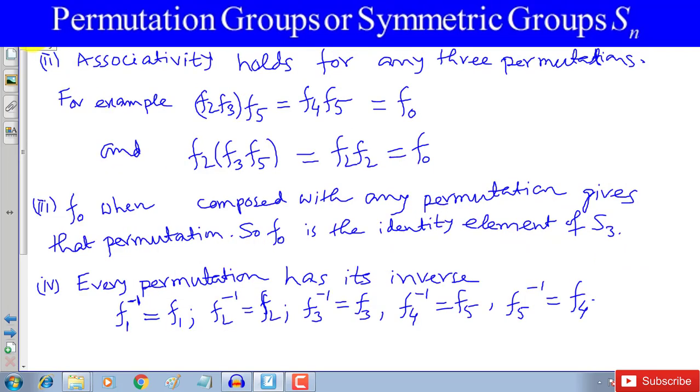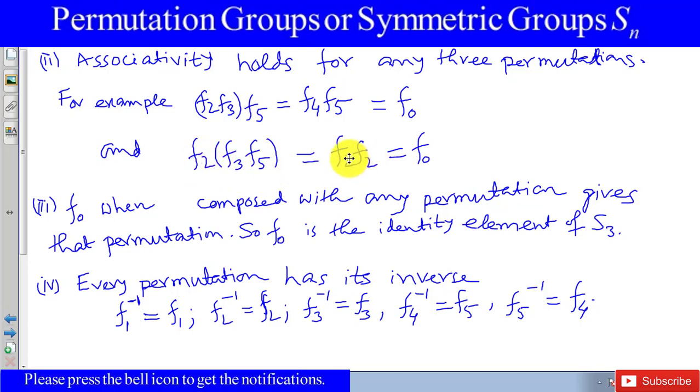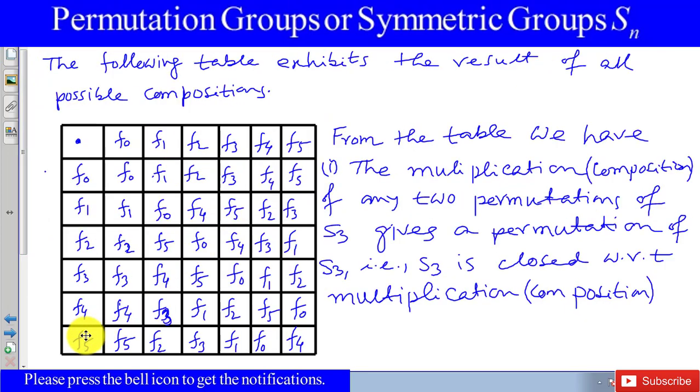Similarly, f2 ∘ (f3 ∘ f5), where f3 composed with f5 is equal to f2, gives f2 ∘ f2, which is equal to f0 from the composition table.